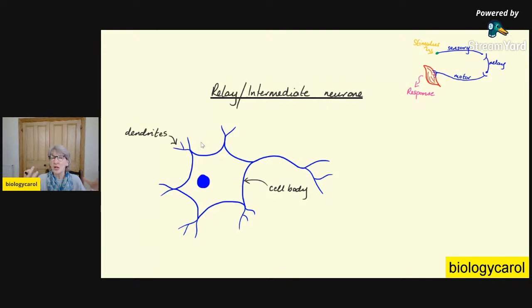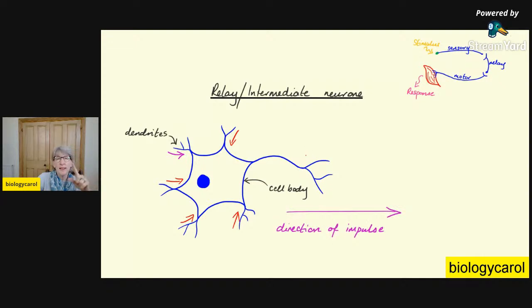They have just loads of short dendrites. Okay, so as soon as we know that something is a dendrite, we know the direction of the action potential. And can I just point out that because these are all dendrites, they would all be bringing nerve impulses, action potentials into the cell body.